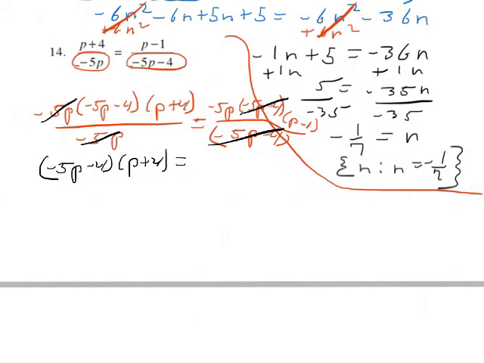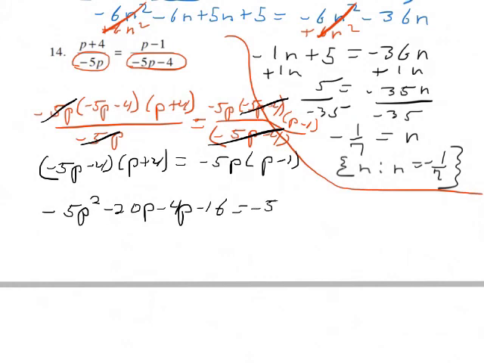All right, and this is going to be up here, negative 5p times p minus 1. Let's get rid of parentheses. So we're going to distribute that in, and it's going to give me a negative 5p to the second minus 20p minus 4p minus 16 equals a negative 5p to the second plus a 5p.